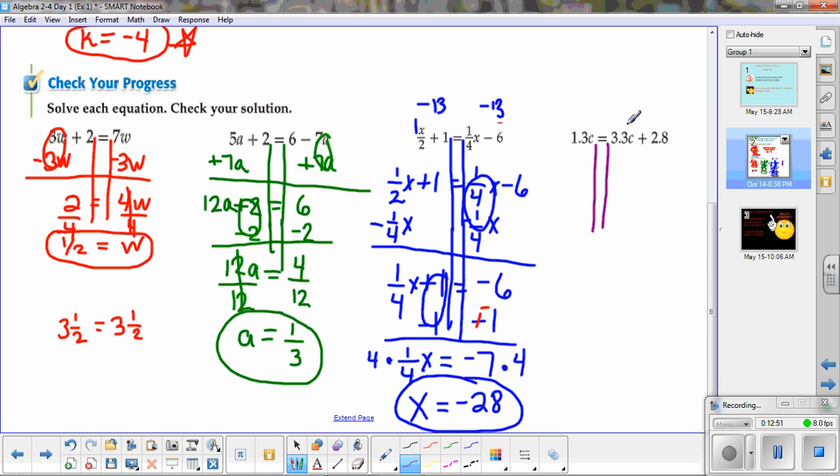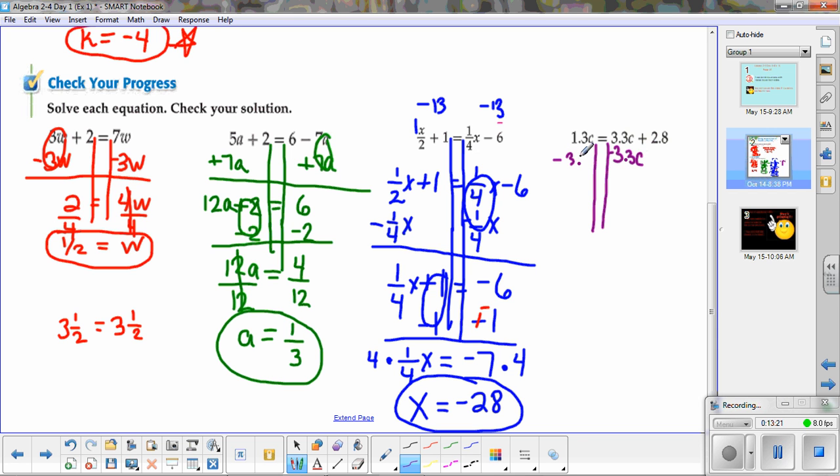It doesn't really matter which one you get rid of, but if you get rid of the C's on this side, that might be a little more work later, because you would have to then get rid of the 2.8. So why don't we go ahead and get rid of the 3.3C? To get rid of 3.3C, you're going to subtract 3.3C, or 3 3/10 C, from both sides.